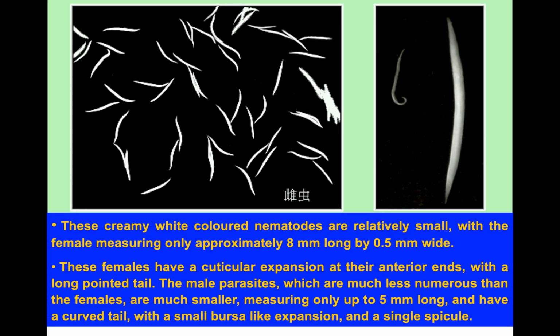And this creamy white colored nematode is relatively small, with the female measuring only 8 millimeters long by 0.5 millimeters wide. These females have a cuticular expansion at their anterior ends with a large pointed tail. That's why they have the name of pinworm.